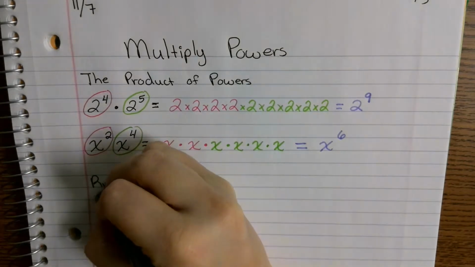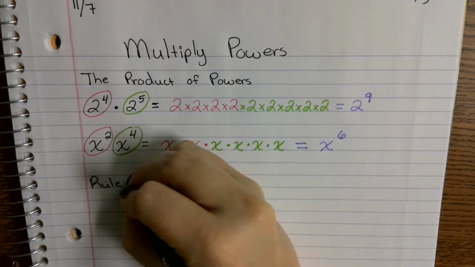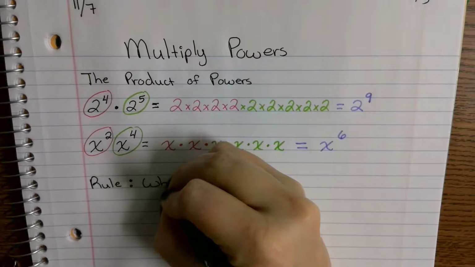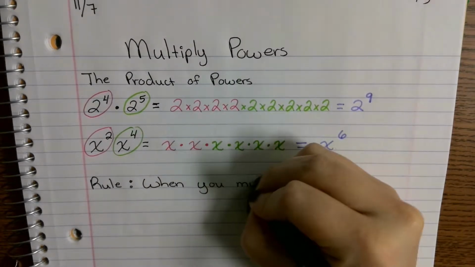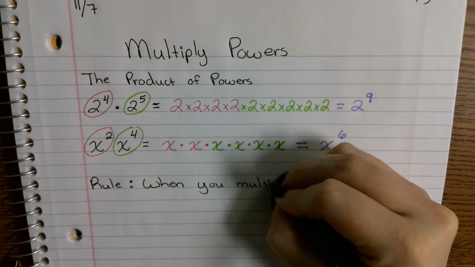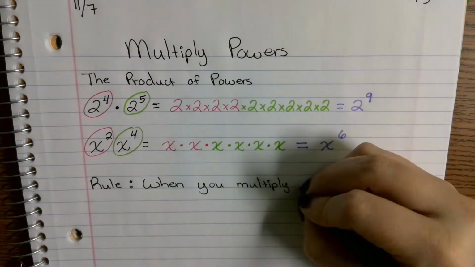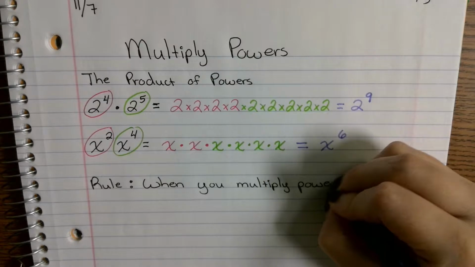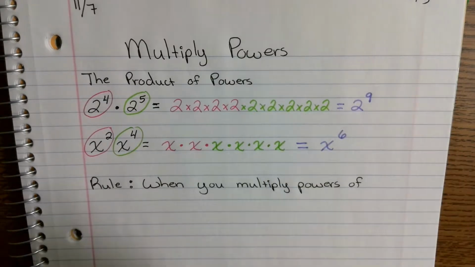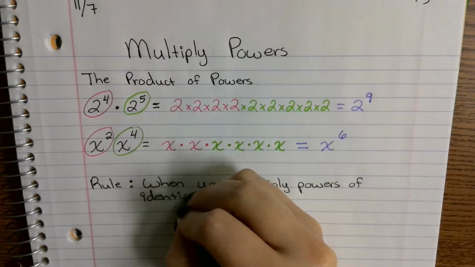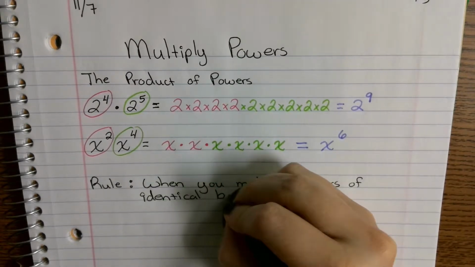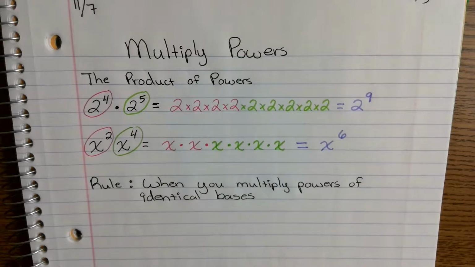So let's write that rule down. When you multiply powers of identical bases, so note that they have to be the same base.